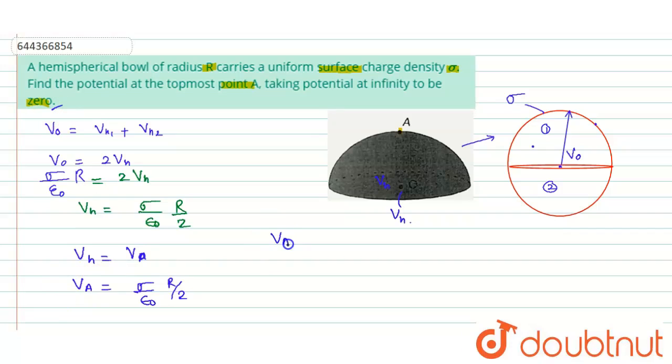VA minus V infinity is sigma divided by epsilon naught into r by 2. Assuming V infinity to be 0, the absolute potential at A is sigma divided by epsilon naught r by 2. This is the final answer.